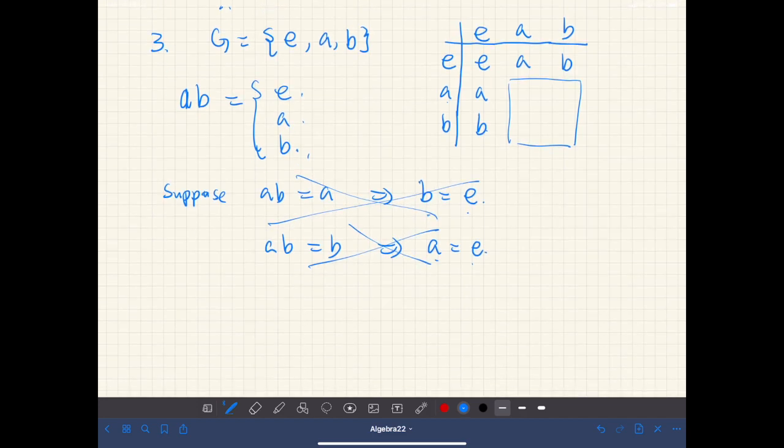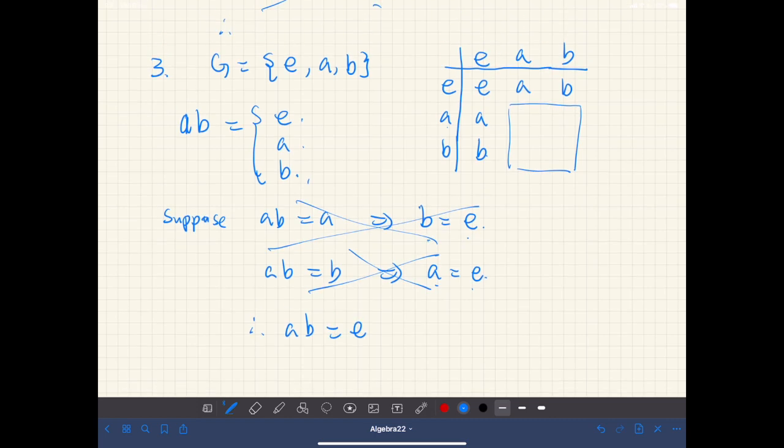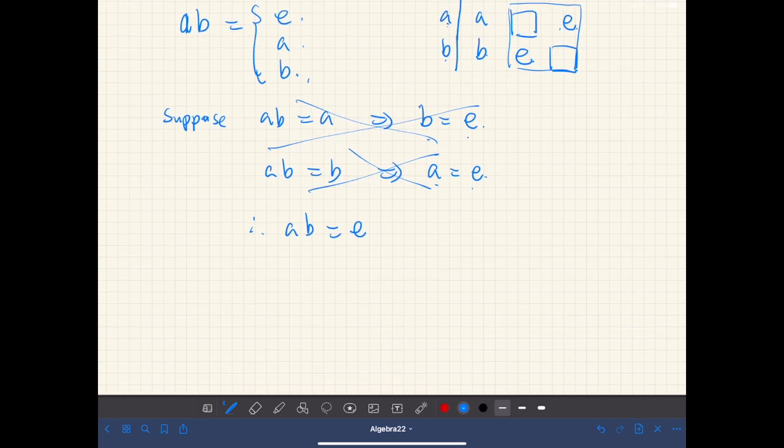Therefore, the only possibility is AB equal to E. And by a similar argument, we can show that BA is also equal to E. Oh, sorry, BA is equal to E. Now, we have A squared and B squared. So what are these?